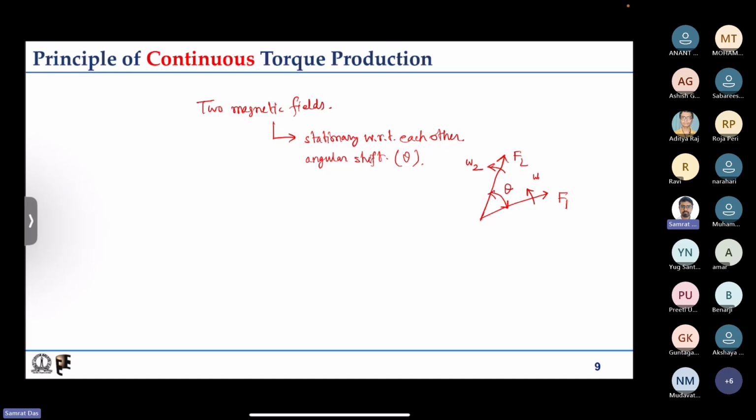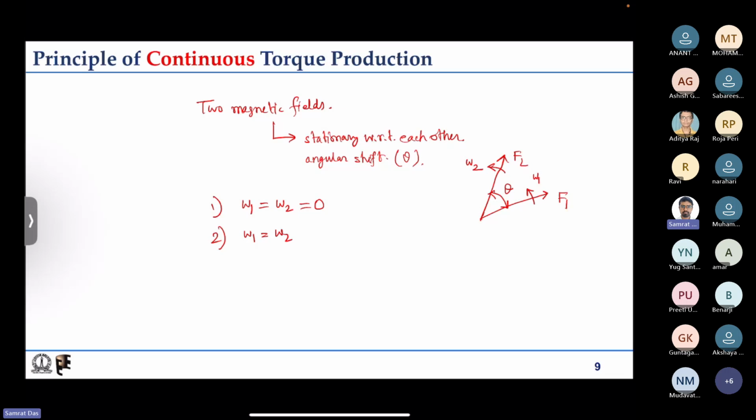The first case is where omega 1 is equal to omega 2 equal to 0, and there is some angular displacement between the two. In that case we can have continuous torque. And the next case is where omega 1 is equal to omega 2, where both the fields are rotating but at the same velocity.